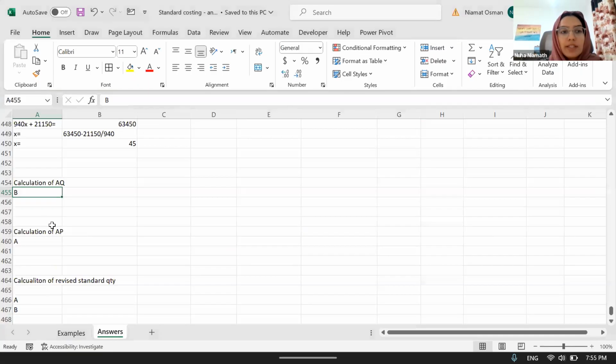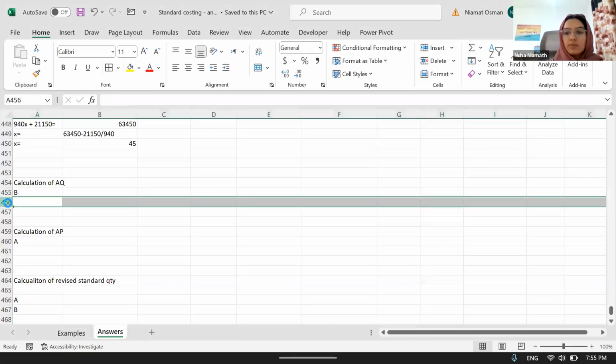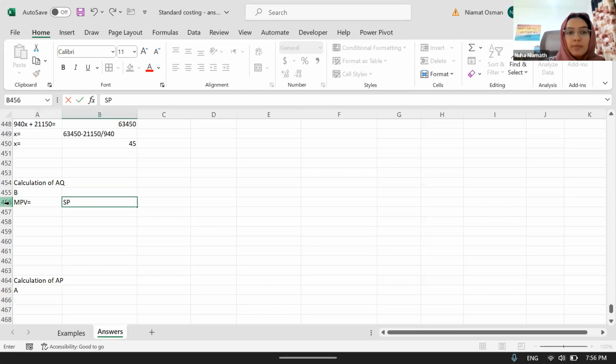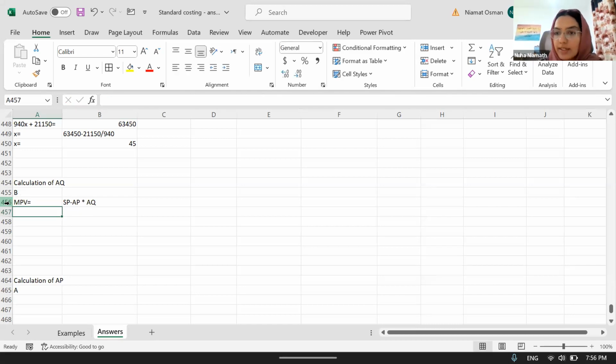So what is material price variance? Quickly in the chat box. Material price variance is SP minus AP into AQ. Correct, Khatija, correct, Neetu. Perfect.